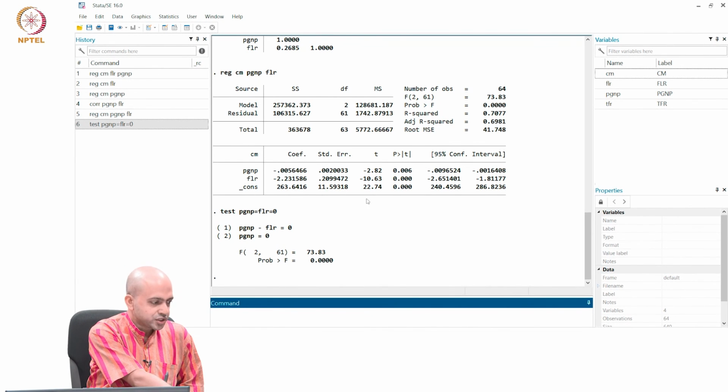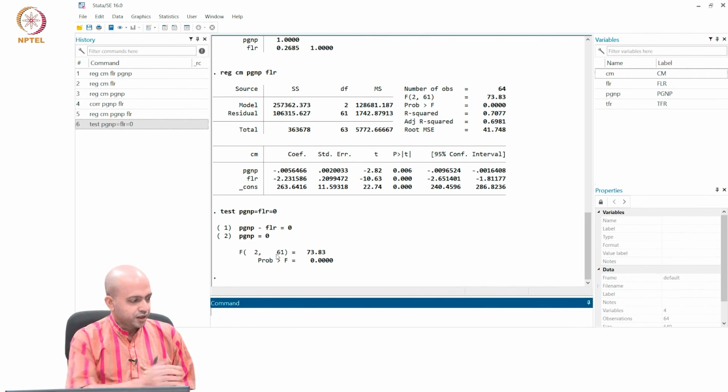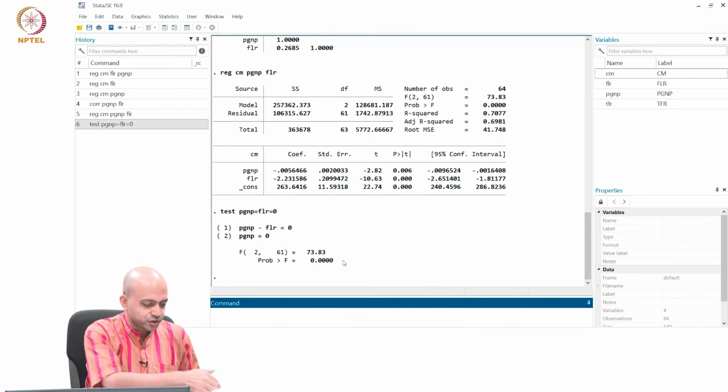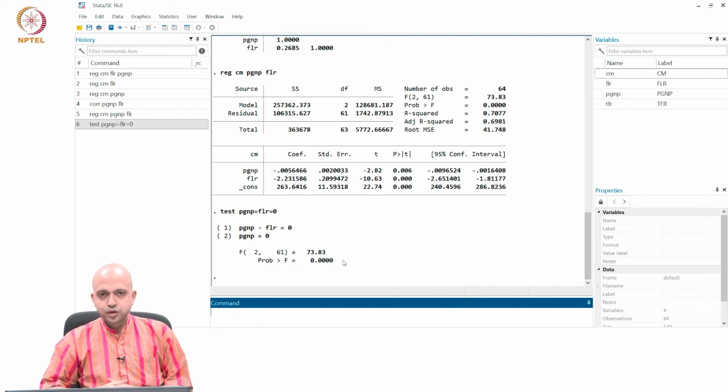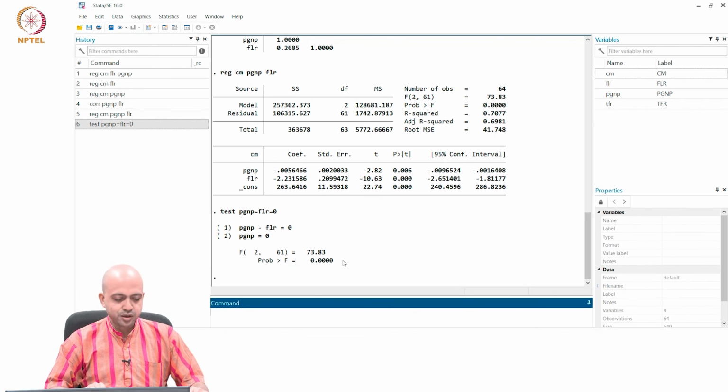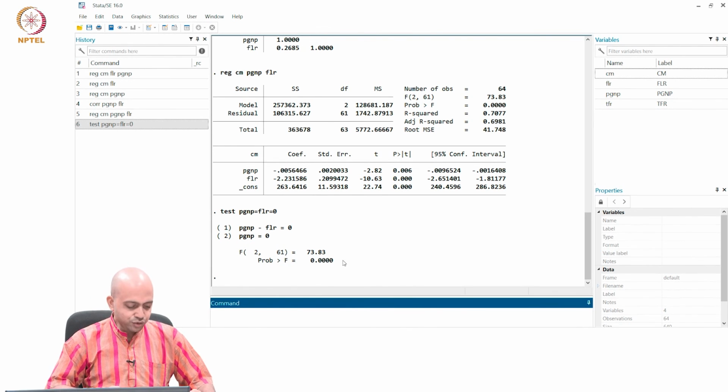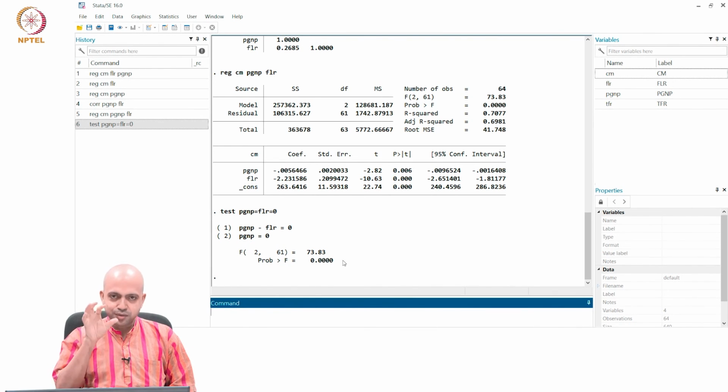The value is 63.83 with the same degrees of freedom, 2 and 61, and the corresponding P value is 0.0000. So, with this we can establish the overall significance of the model.